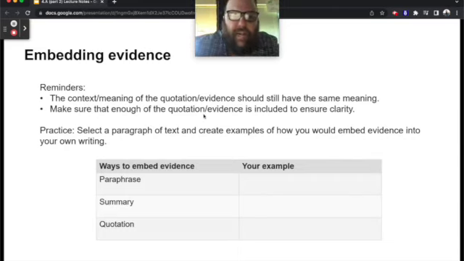And you want to make sure that enough of the quote or evidence is included to ensure clarity, right? Now, this is not one of those things where the more the merrier, the more evidence I use, the better. Not necessarily.